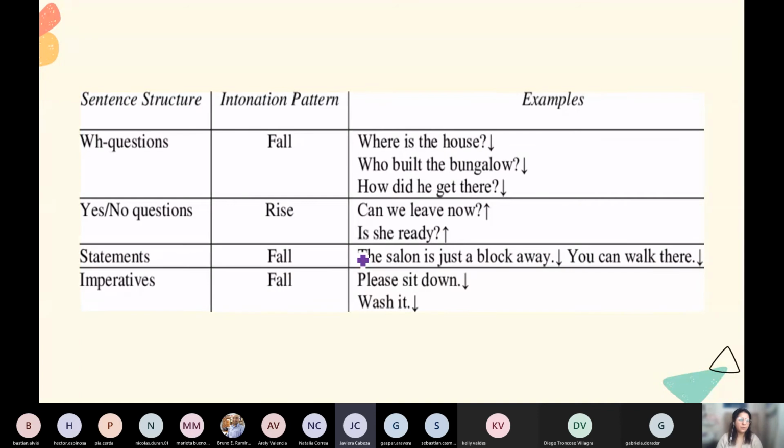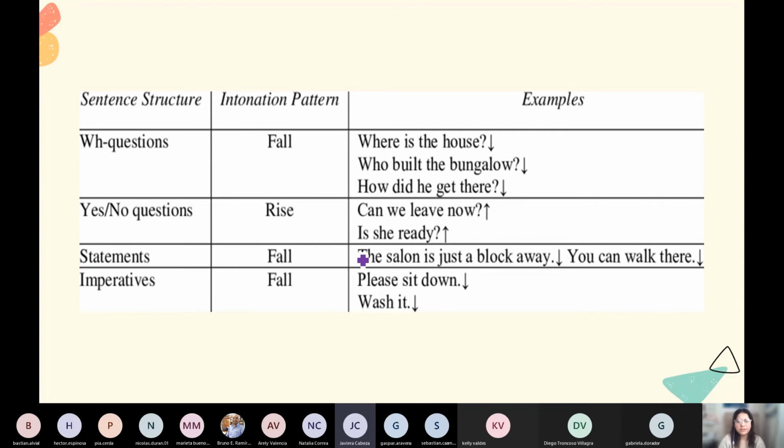Now we have this image that says sentence structure, intonation pattern, and examples. For instance, like we already said, WH questions are going to have a full intonation pattern. As an example, we have: Where's the house?